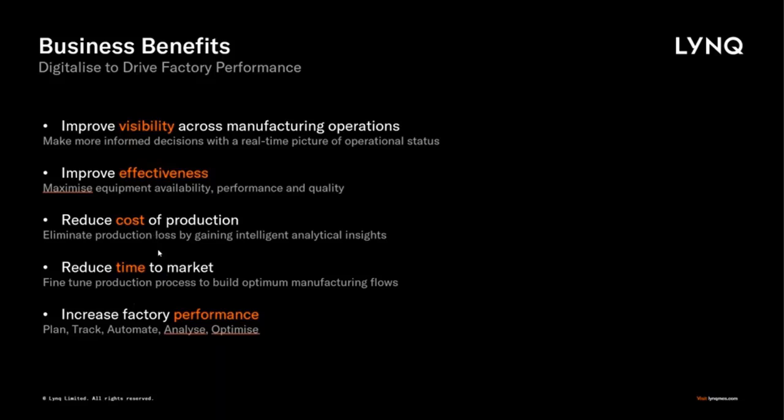Again, by analyzing what's happened, you can fine-tune your production processes to build more optimal manufacturing flows. And in the end of the day, you increase your factory performance. I can't stress enough that it's very important to have a closed loop solution, a unique manufacturing information domain, which starts from planning, goes to tracking, data collection, automation of data collection, analysis of this data, and hopefully optimization of your production flow.